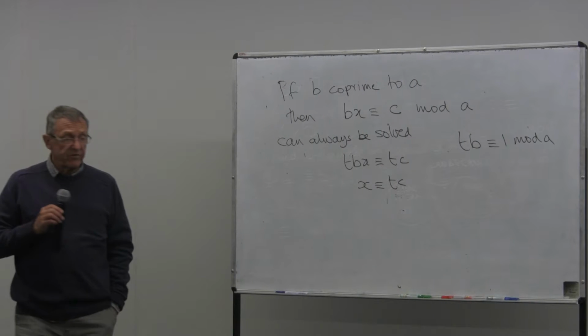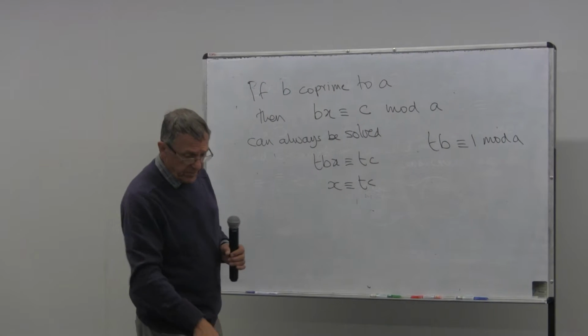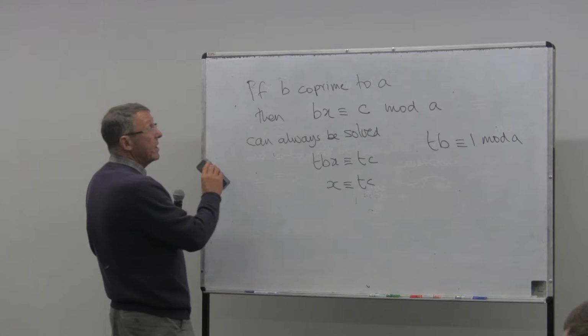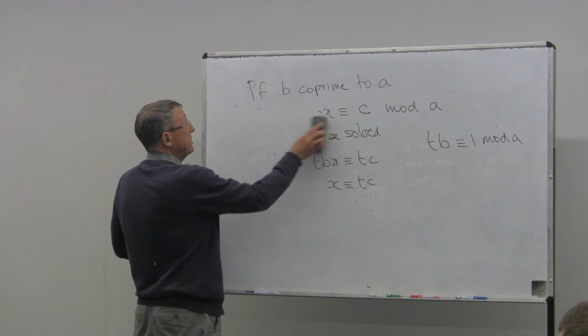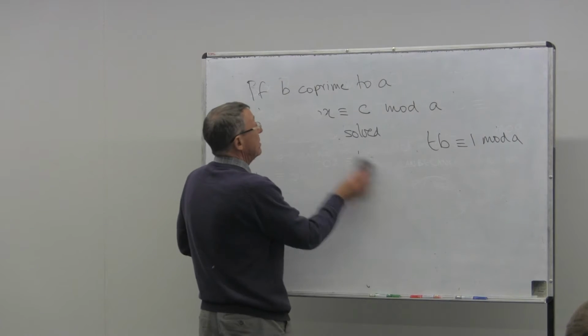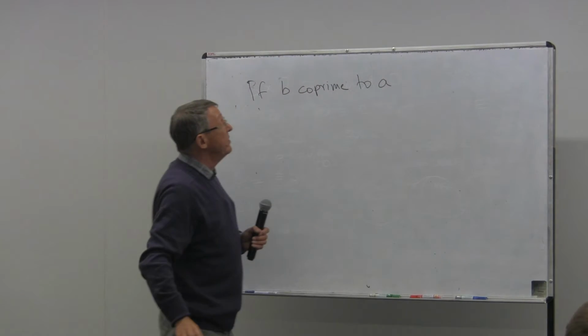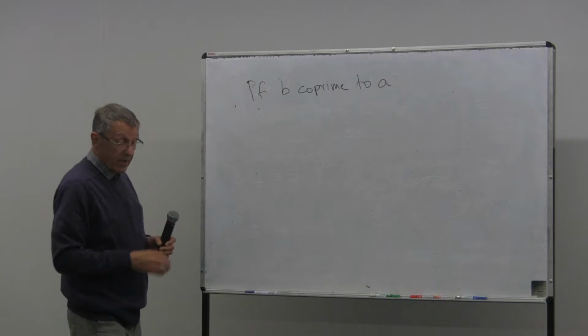And I'm going to give you one more, not perhaps quite so common, property when two numbers are co-prime.